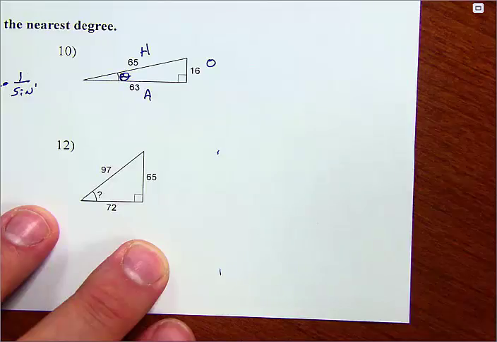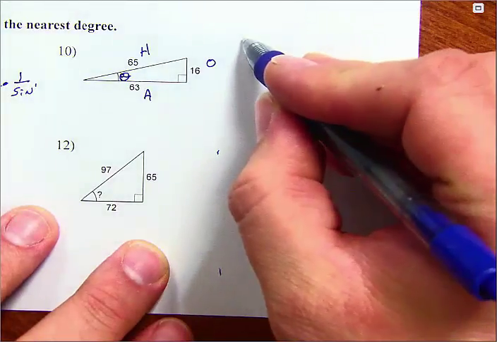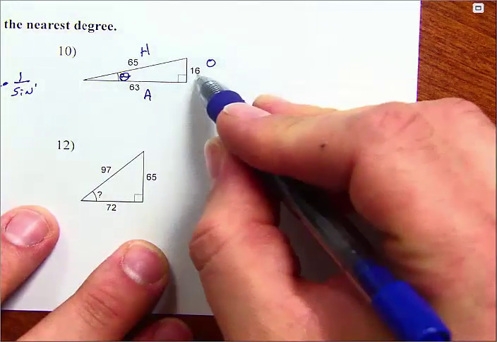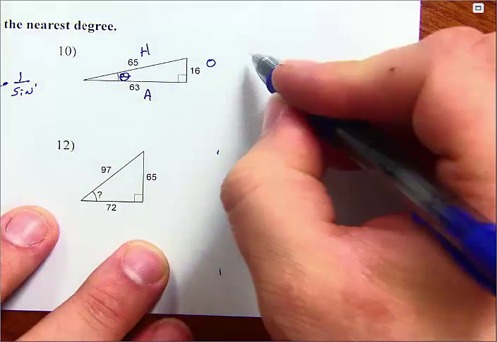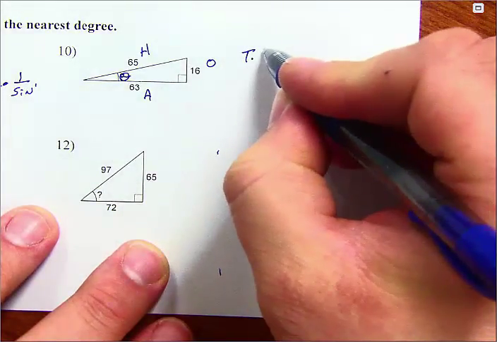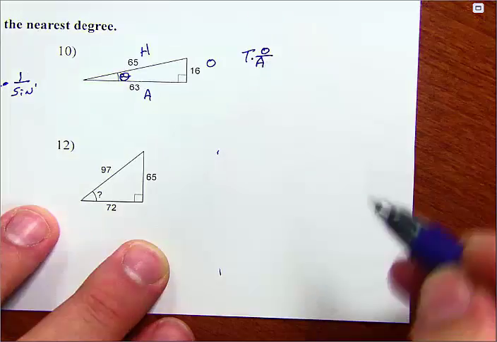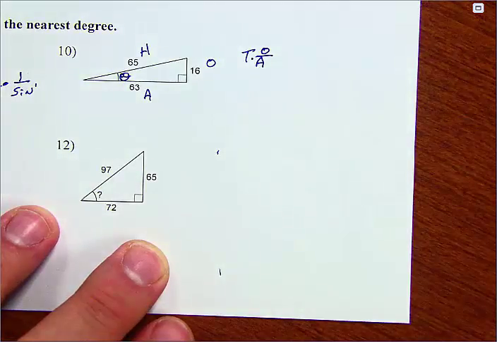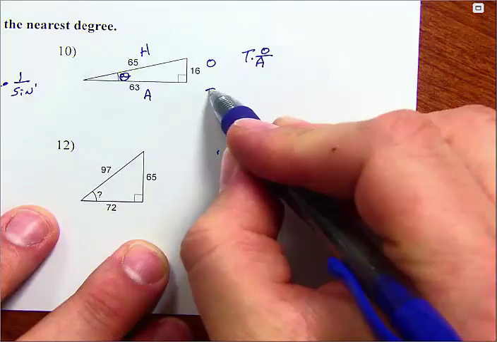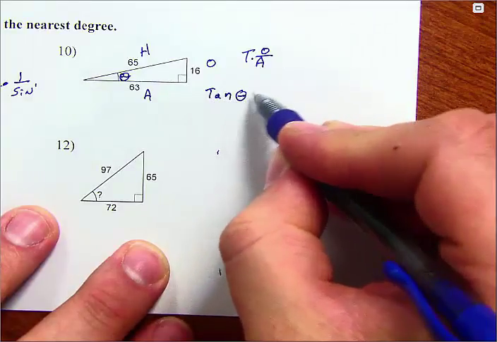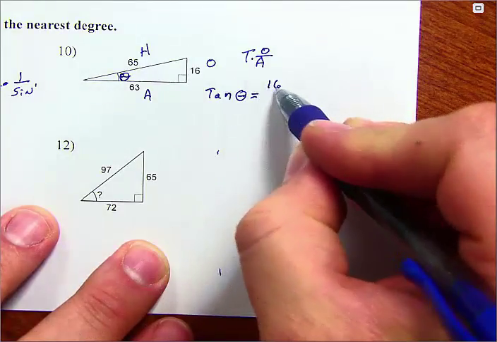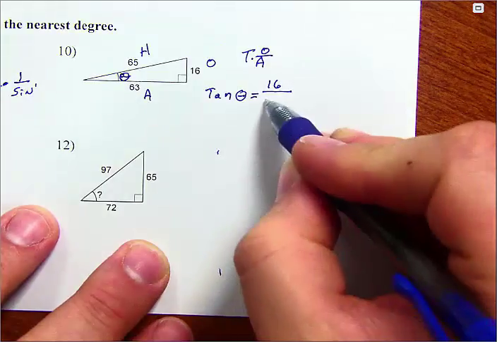So this time I'm going to use tangent. Why? Because it's the smallest two numbers, but it doesn't really matter. So tangent is opposite over adjacent, tripping on acid. So I'm going to say tangent of theta equals the opposite side, 16, over the adjacent side, 63.